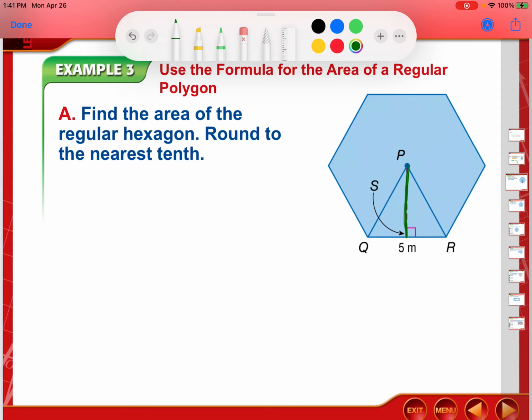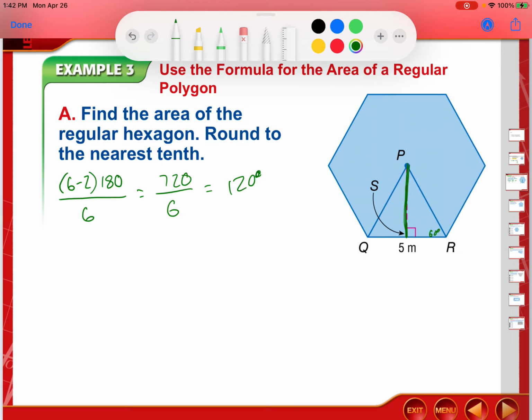I can calculate that by saying a hexagon has 6 sides, 6 minus 2 times 180 divided by 6, which is 720 over 6, or 120 degrees. But I've done enough polygon work that I just know that off the top of my head. And once again, it's going to be half of that because PR bisects that angle, so we have a 60-degree angle here.